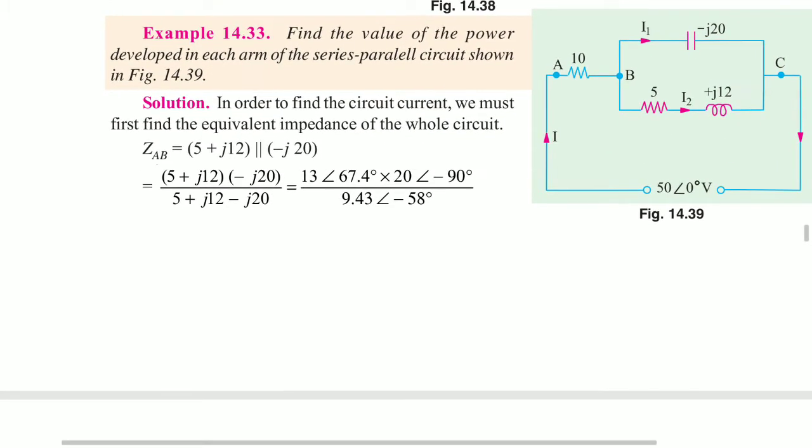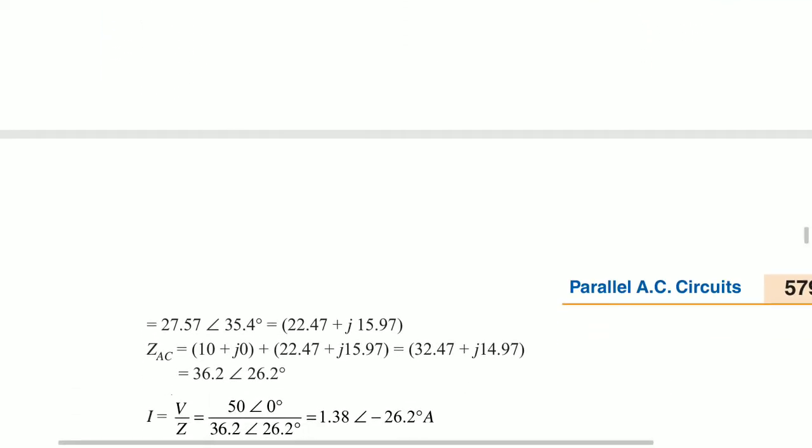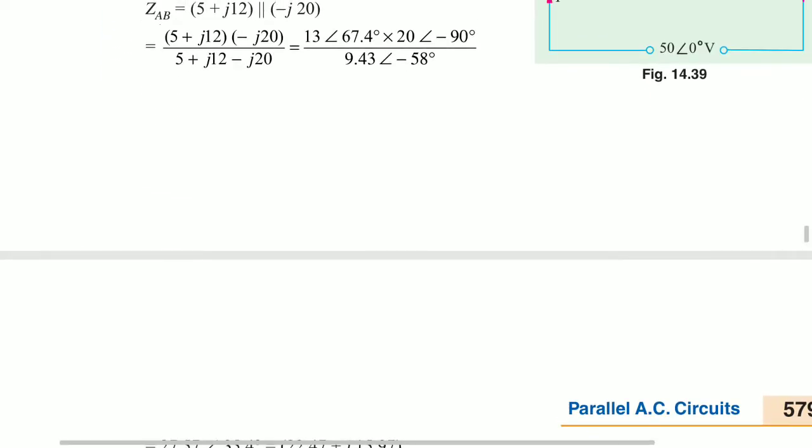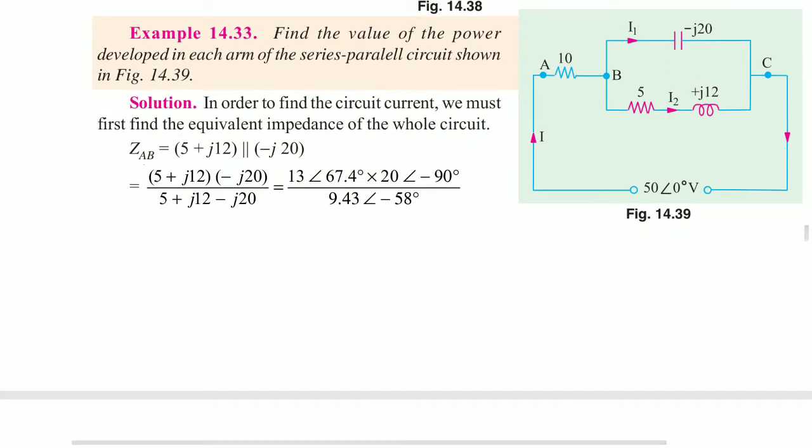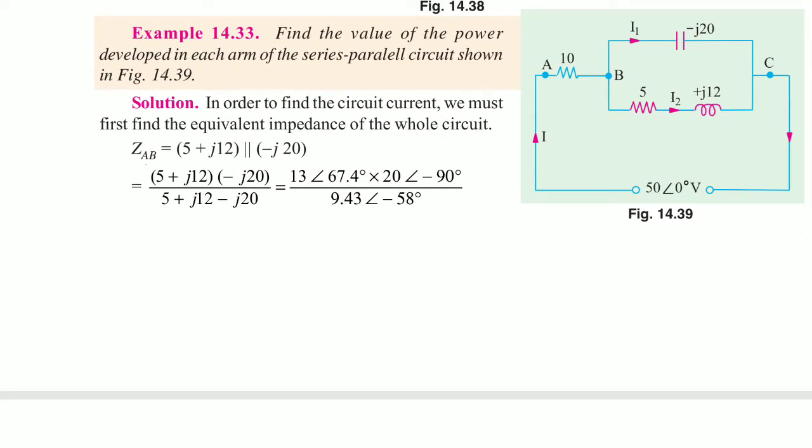Now ZBC is determined. Now go for ZAC. ZAC is the resultant parallel impedance ZBC and the impedance ZAB. These two are added.